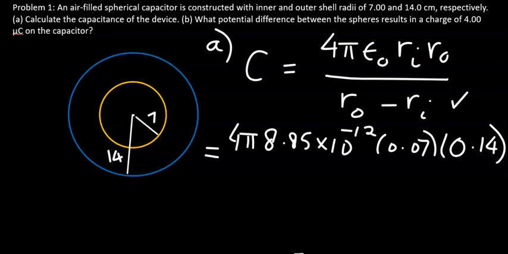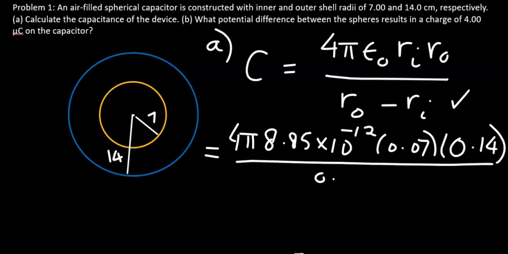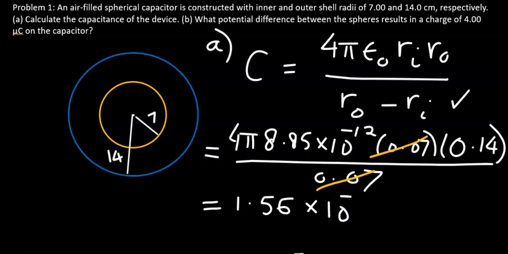Divide by the difference in outer and inner radius, and that is 14 minus 7, so that is 7 cm or 0.07 meter. So these two terms cancel, and the entire term will give you an answer of 1.56 times 10 to the power minus 11 farad. It's in SI units.